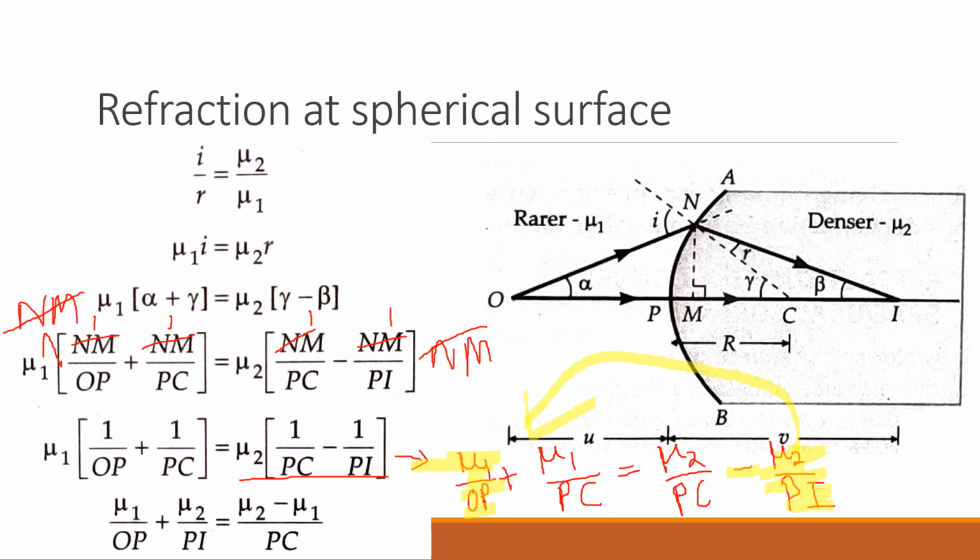Now I will send this mu1 by PC to the right hand side, so I'll be left with mu2 by PC, and this plus, when it goes to the right hand side, becomes minus. So I will have mu2 minus mu1 by PC. Since the denominator PC is the same, I can write it like this, mu2 minus mu1 by PC.